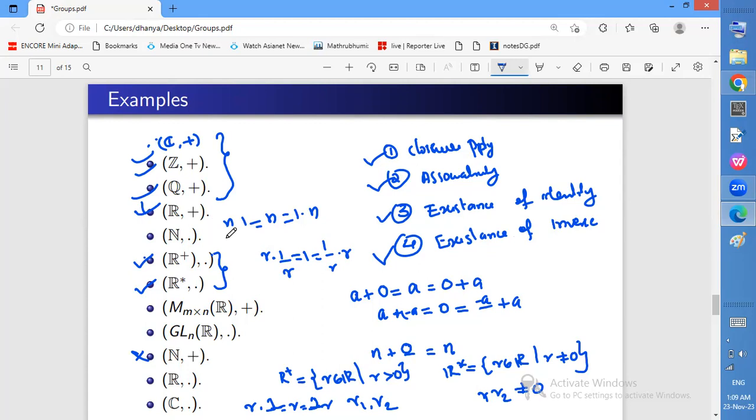If I am considering the number 2 belonging to N, the possible inverse should be 1 by 2, since 2 into 1 by 2 is equal to 1. But 1 by 2 is not a natural number. So it is not closed under inverse. So any number other than 1 does not have an inverse under the operation multiplication. So this is not a group. Here, the fourth condition fails.